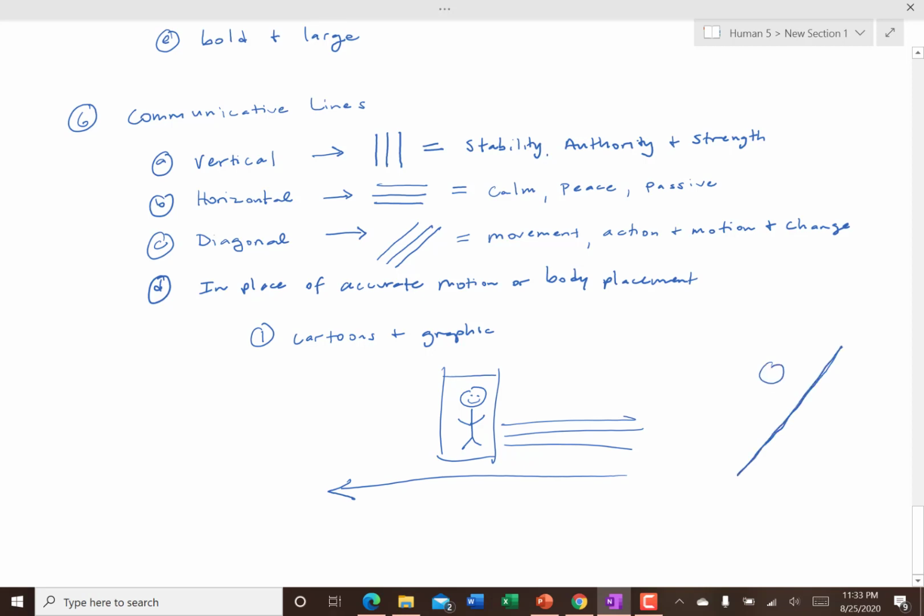It's on some skis here, he's got the skis and poles. And by having this, the angle of the person plus the diagonal line, right, it looks like they're moving in a downward motion.